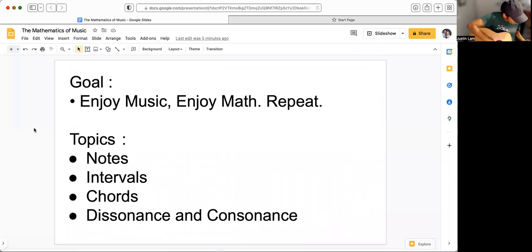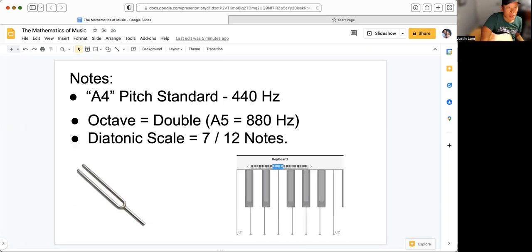Great. So the first thing you might be familiar with in the subject of notes that we'll cover first is this idea of a pitch standard. When you go see an orchestra, you hear this A, and the idea is that this is what all the other instruments in the orchestra are tuned off of. The most common note besides this one for tuning purposes are octave intervals, and these are usually the doubling of frequencies.